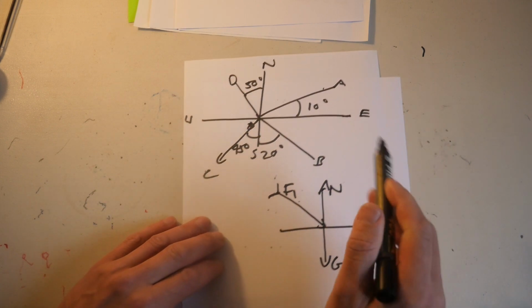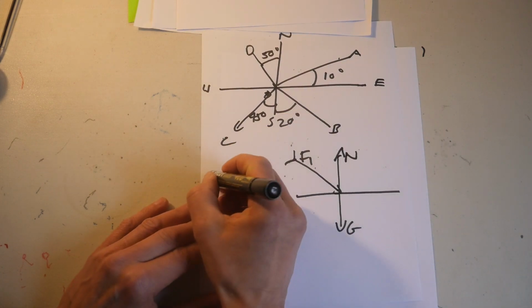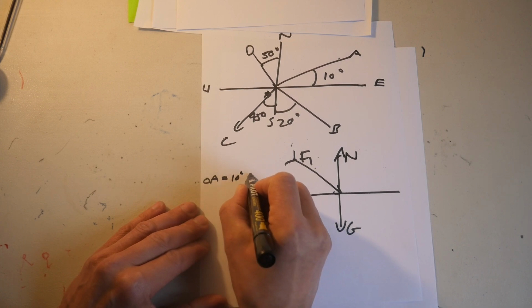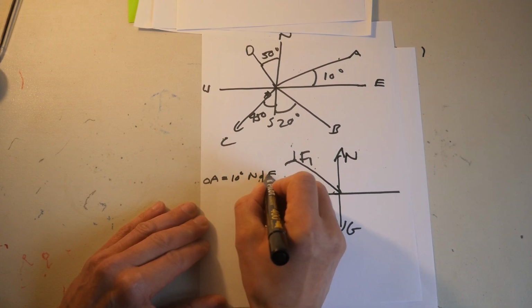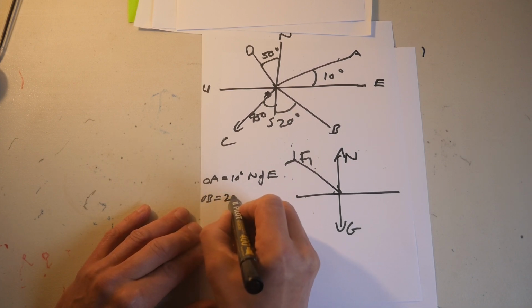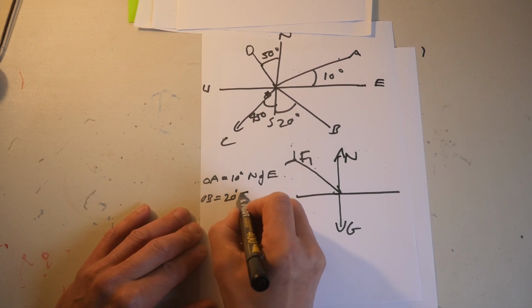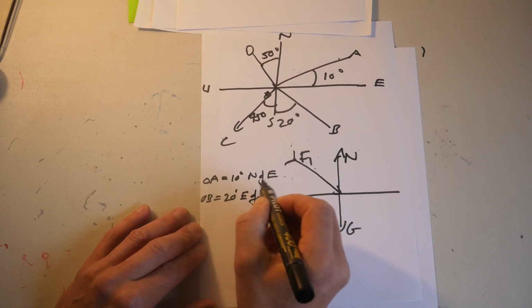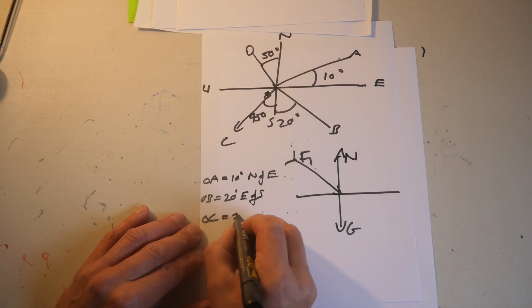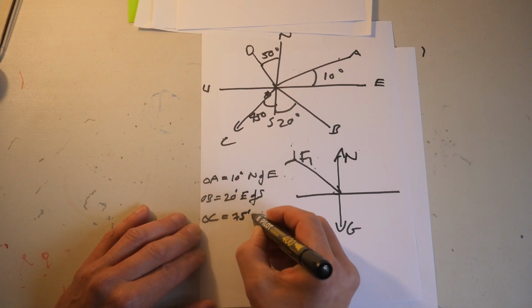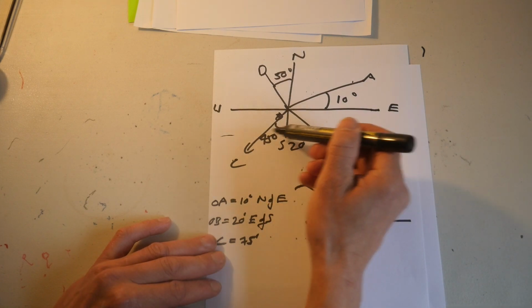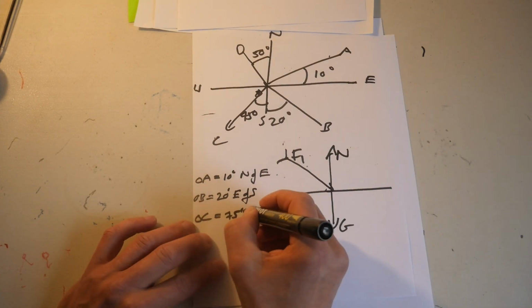Okay, OC equals 75 degrees west of south, okay?